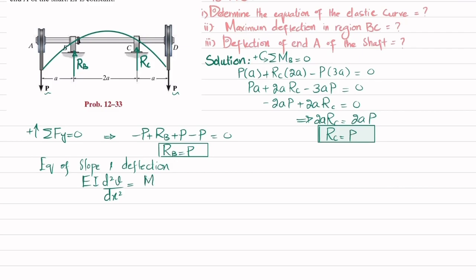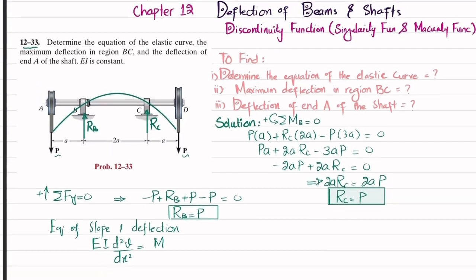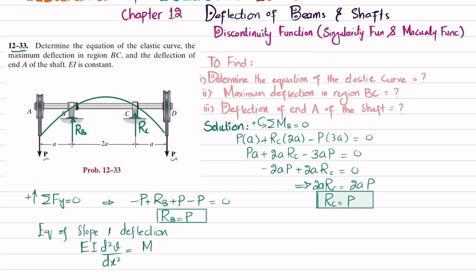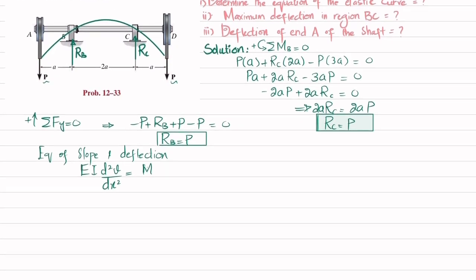Here we will use the discontinuity function, which is the singularity function, because the load is a point load, and for a point load we define the singularity function. So I will write the singularity function for this load.